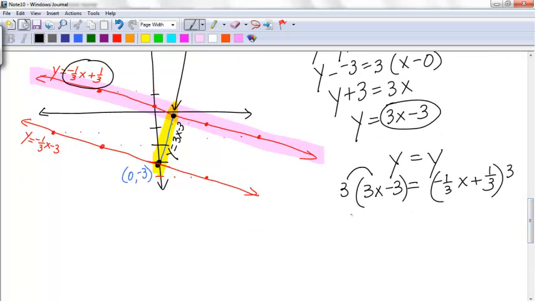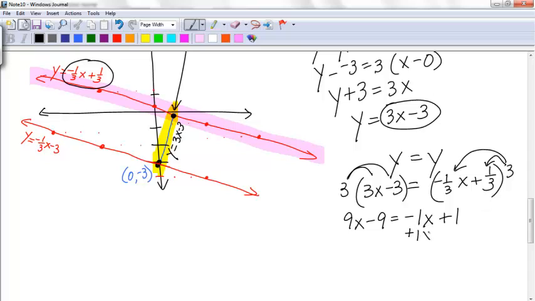So when I multiply by 3, they give me 9x minus 9. What's a third of 3? 1. And then I have a negative times a positive, so it'd be negative 1x. Check my arithmetic. And then a third of 3 plus 1. You agree with that? Okay, and then solve for x. Get the x's together.